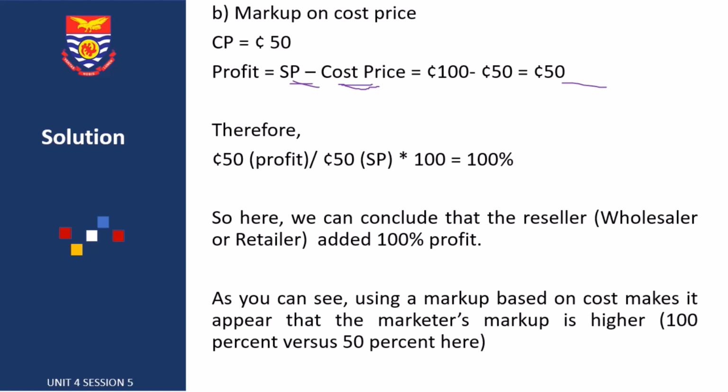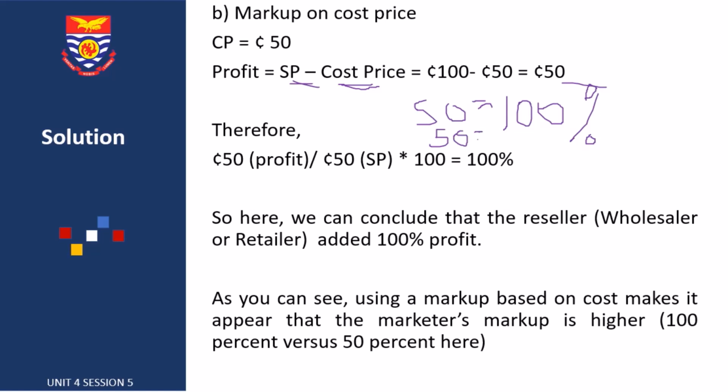Therefore, there is a profit element of 50 and a cost price of 50. If 50 is equal to 100%, then what will be the percentage of this same 50? I hope it is clear. Since 50 is 100%, the profit element too will give us the same percentage.